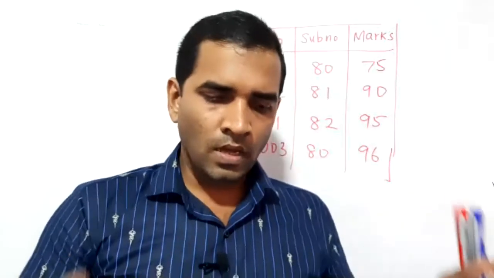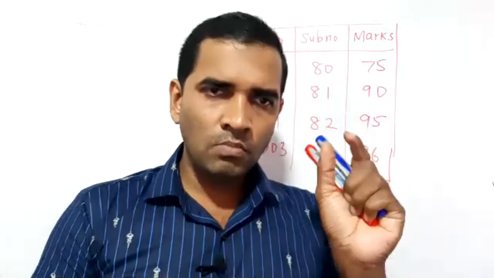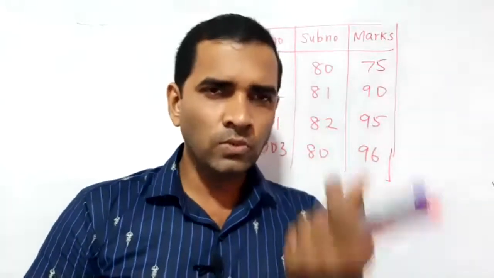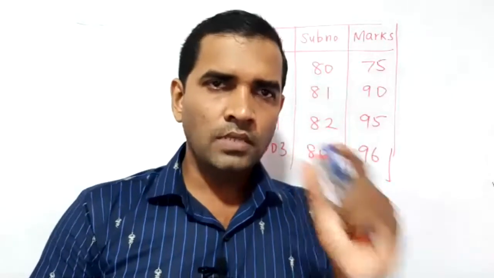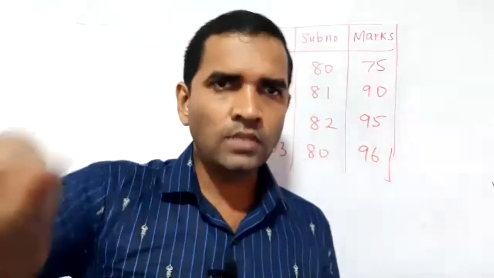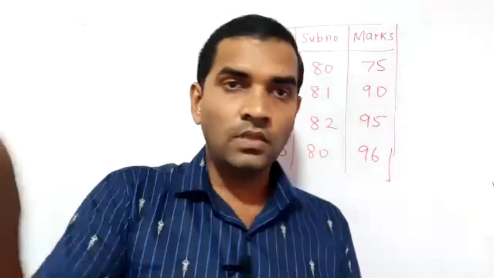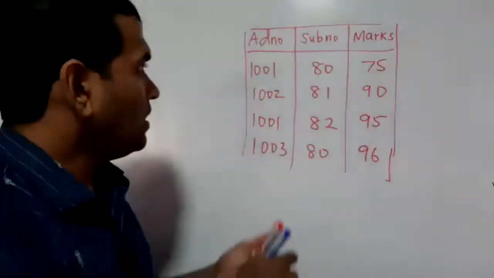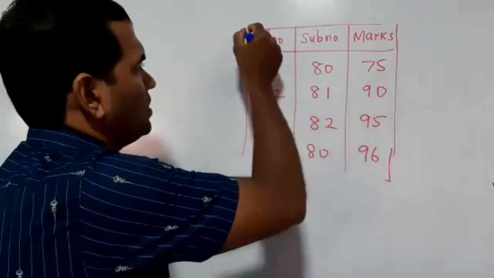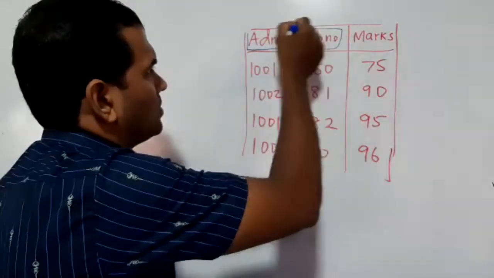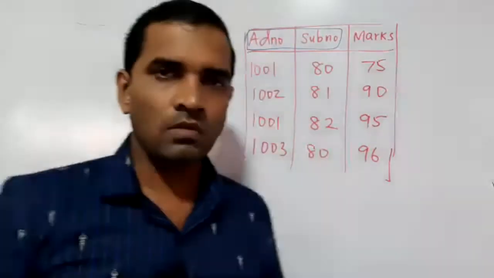So now I need to combine more than 1 field, starting with 2 fields together, and check for uniqueness. If 2 fields together have uniqueness, then as a combination they can identify each record. Now, let's combine admission number and subject number together.